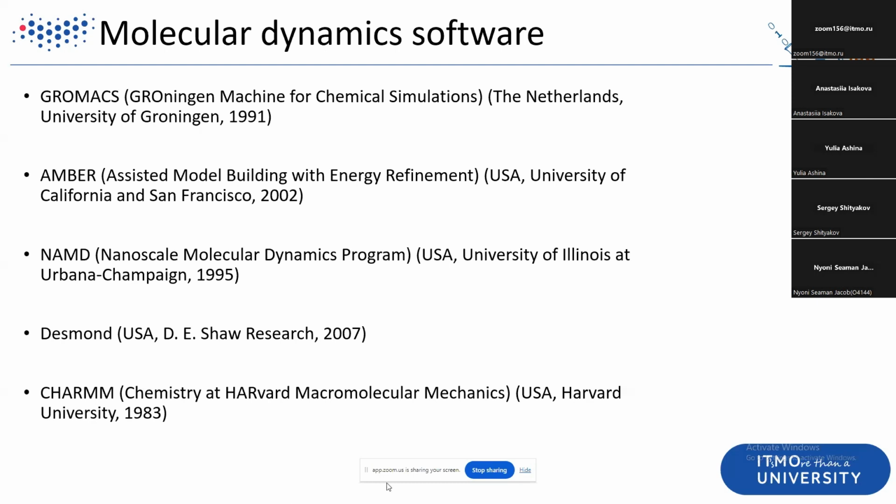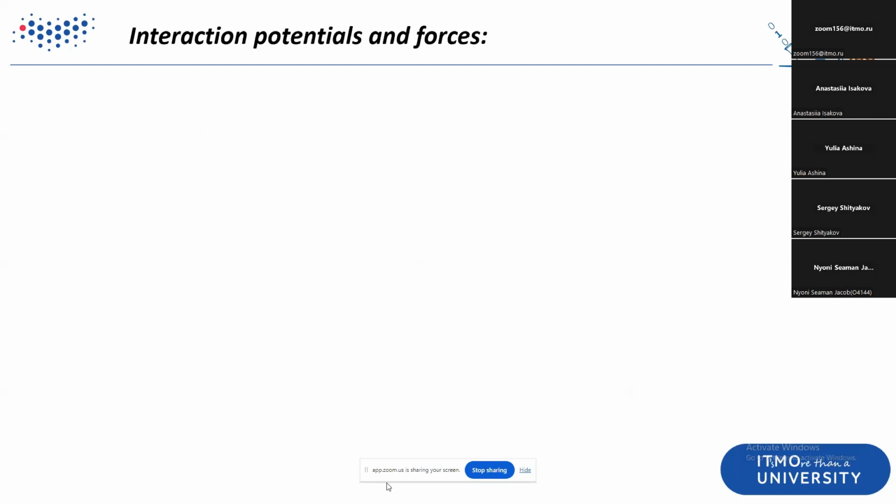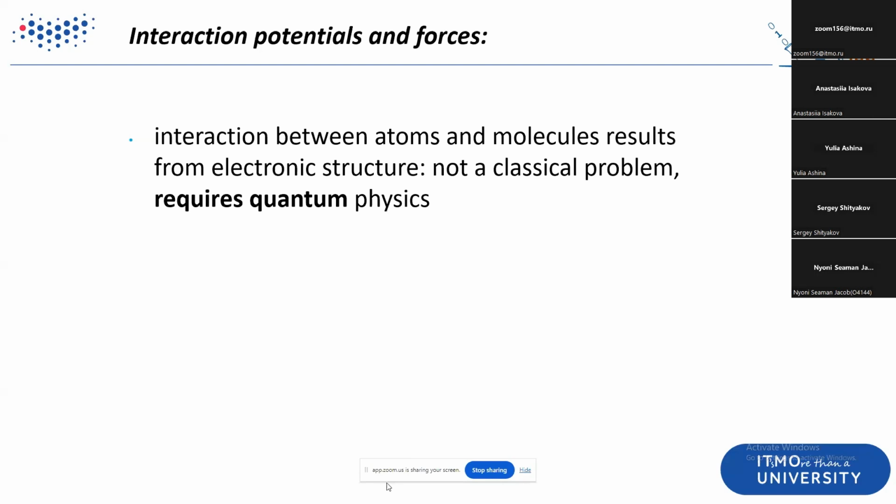And as an example, I would like to show you some facts on molecular dynamics simulation: the interaction potentials and forces, the interactions between atoms and molecules, result from electronic structure. It is not a classical problem, it requires quantum physics.